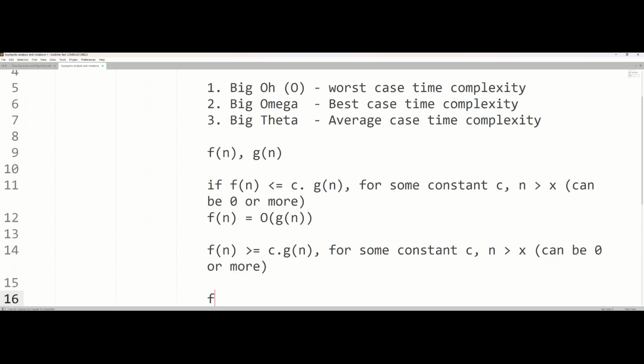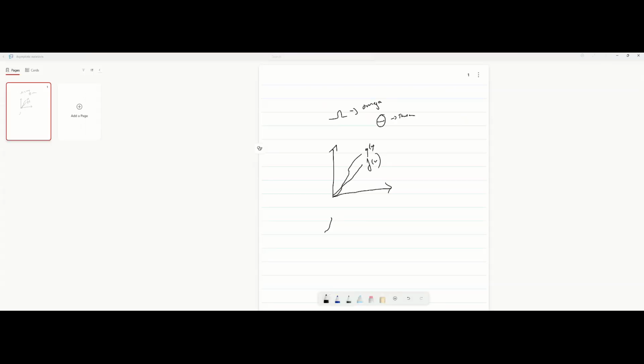That's when you will say f of n is equal to omega of g of n, although I am not able to represent that symbol here. So that graph will also look similar to this, but the only difference is that in this particular graph, you have two curves, f of n and g of n, but in this case, this is going to be f of n and this is going to be g of n, because g of n is going to cover the lower bound in omega.